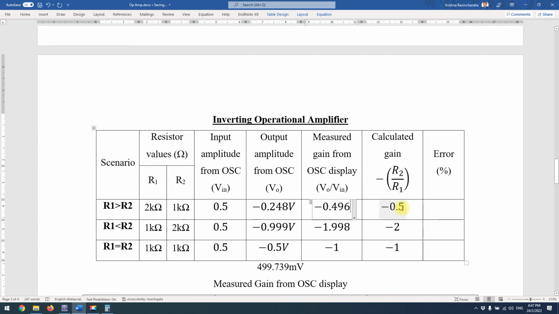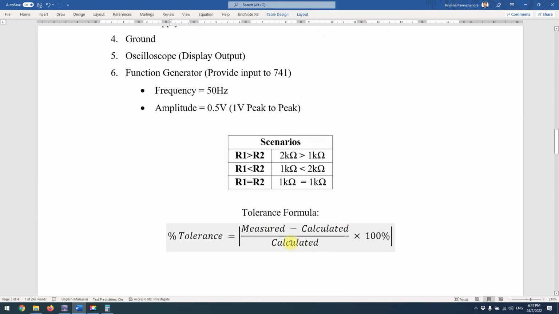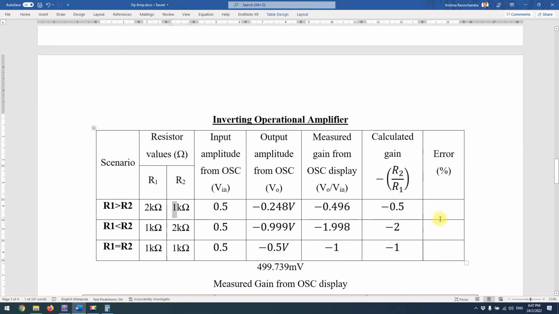So on the calculated gain, you're just taking the resistance value 1 divided by 2 and you get negative 0.5. So the error here is the tolerance calculation. You can perform it yourself, you already have the formula here. You can calculate the error based on the calculated and the measured values.